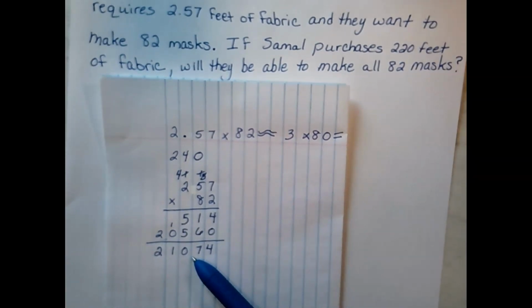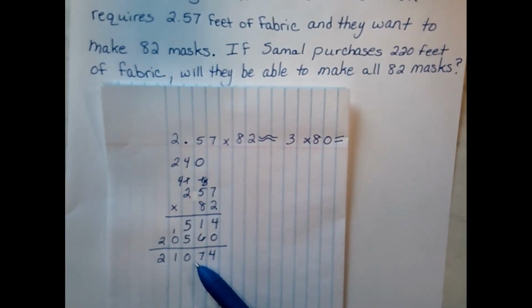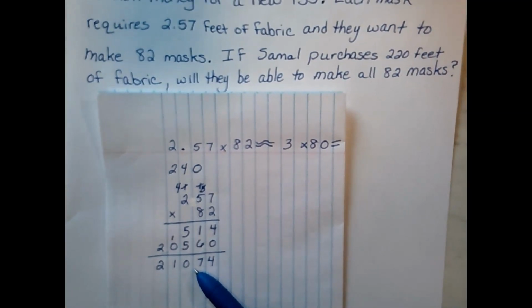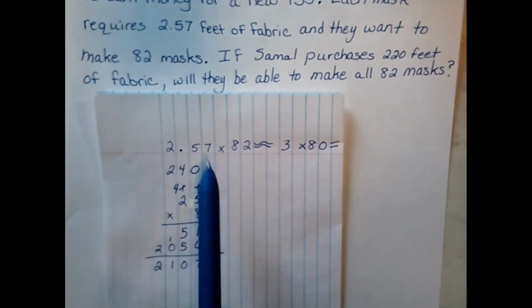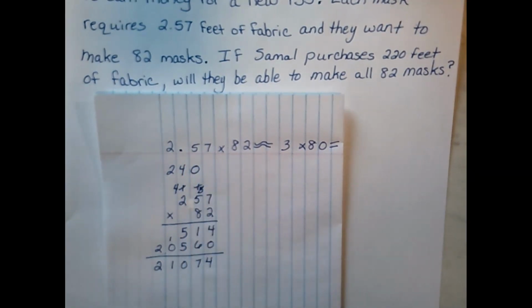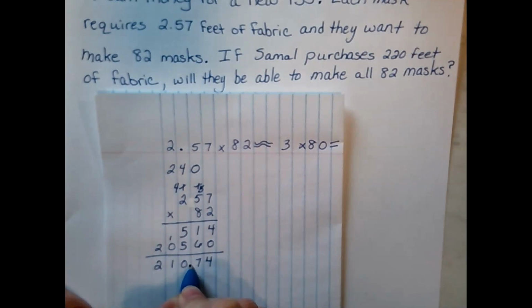I can also count the number of decimal places in the problem, and that will help me solve it as well. There are 2 places after the decimal in my problem, so there should be 2 places after the decimal in my answer. Either way shows me the correct place to put my decimal.